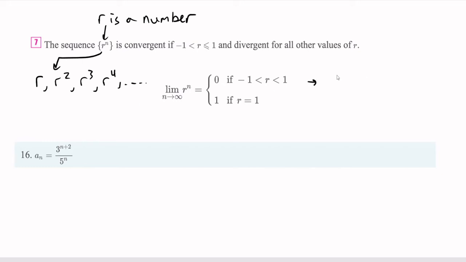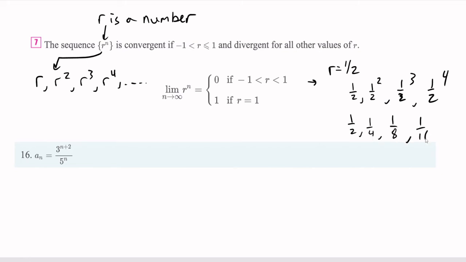In this scenario, r is 1/2. Just plug in numbers and see. 1/2. 1/2 squared. 1/2 cubed. 1/2 to the 4th. What is that? 1/2. 1/4. 1/8. 1/16. Look, I'm getting smaller. I'm going towards 0. So at least you can kind of believe it there, right?